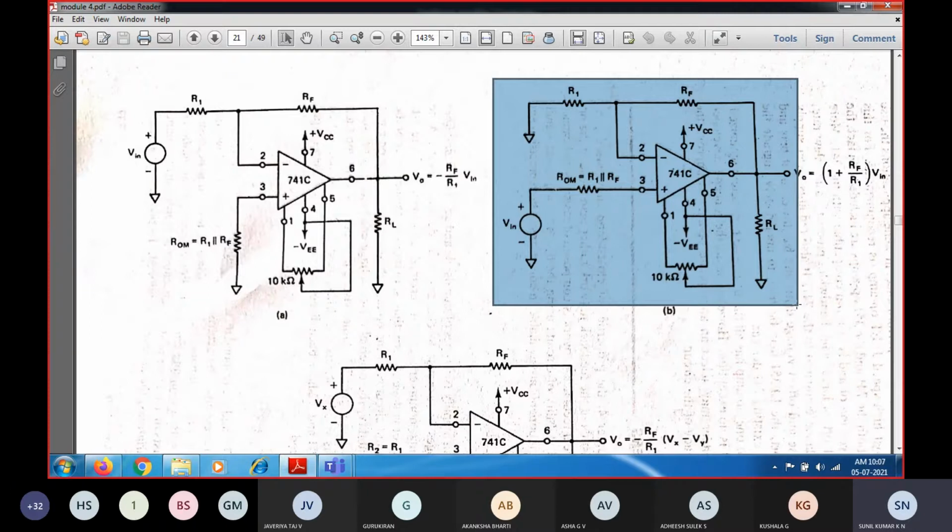If a problem is asked, you have to think: if they ask for an inverting amplifier configuration, you must draw the inverting amplifier. You have to draw what the resistances R1 and RF are, and when you calculate this value in the design part and solve the numerical, you are going to find out what the gain associated with that is, and what the resistance associated with that is.